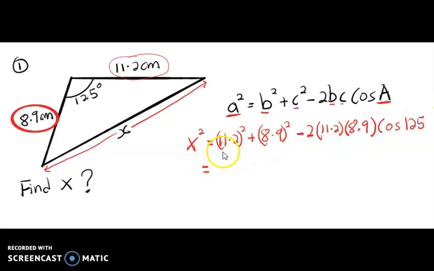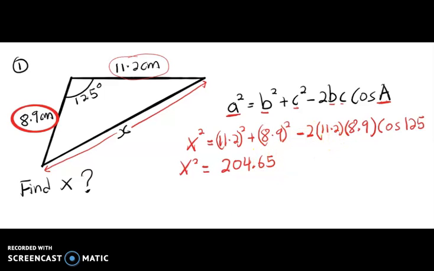By using the calculator, we get the value for this first. So x square equals 11.2 squared plus 8.9 squared, and for these two you will get the answer 204.65.